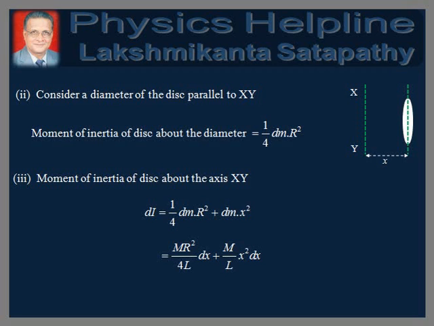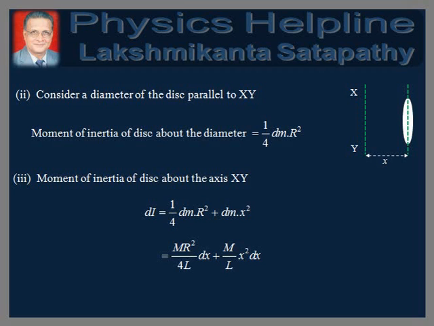In the third step, we observe that the distance of the diameter from xy is equal to x. Now we apply the theorem of parallel axis. This gives the moment of inertia of the disc about the given axis xy.